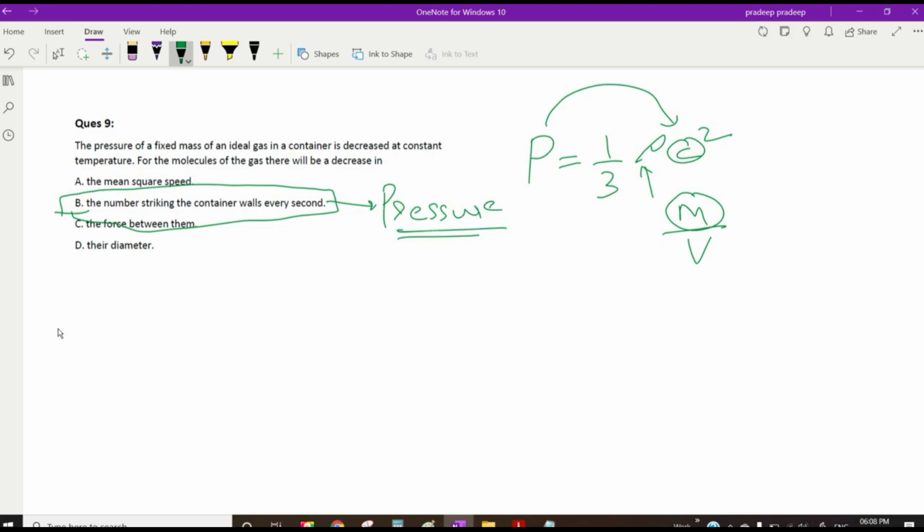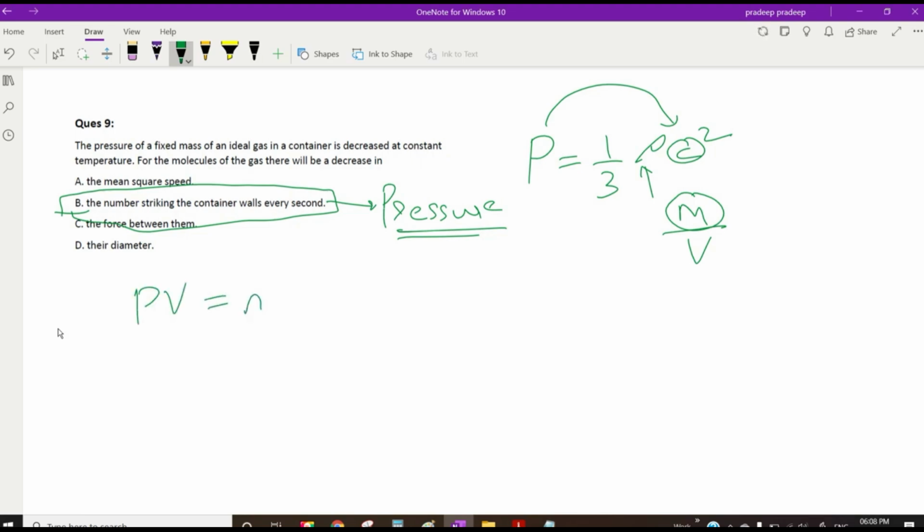Saumil, is it clear? Or do you have any doubt? Yeah, it makes sense. If the pressure is decreasing, then the striking of the molecules every second will also reduce. Yes, true. So we can use even the ideal gas equation for this.